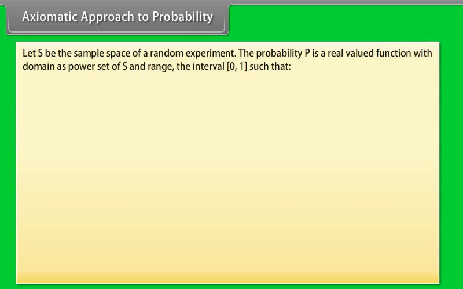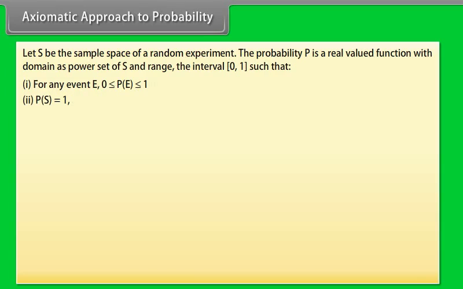Axiomatic approach to probability. Let S be the sample space of a random experiment. The probability P is a real-valued function with domain as the power set of S and range the interval [0, 1], such that 1. For any event E, 0 is less than or equal to P(E) less than or equal to 1. 2. P(S) is equal to 1.